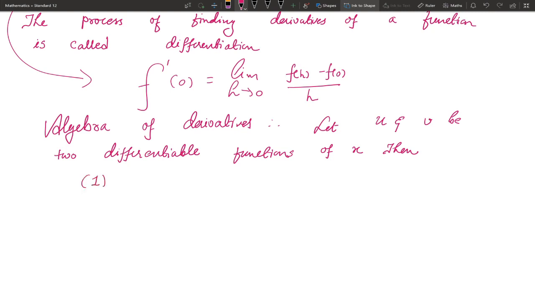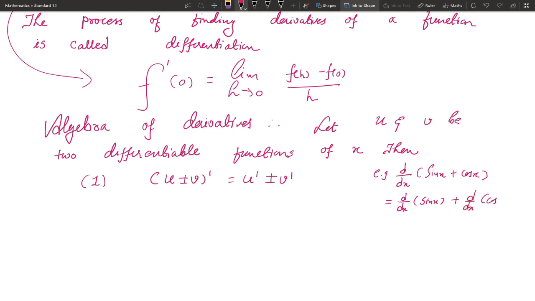One, u plus minus v dash, it is u dash plus minus v dash. As for example, d by dx of sin x plus cos x, so it is d by dx of sin x using this formula, d by dx of cos x, plus then plus, minus then minus.